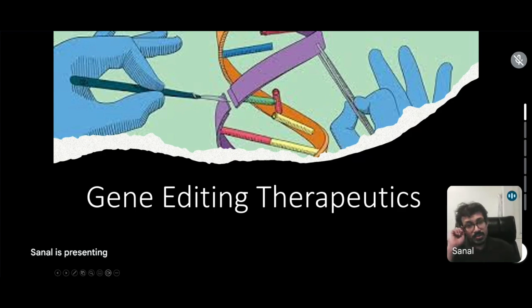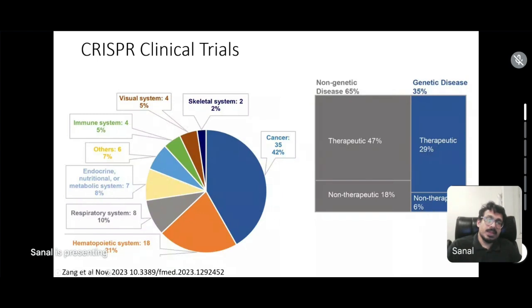Now I will go into some gene editing therapeutics. These are the CRISPR clinical trials. Roughly 42% are cancer trials. Then 2% are skeletal, and 5% visual system.